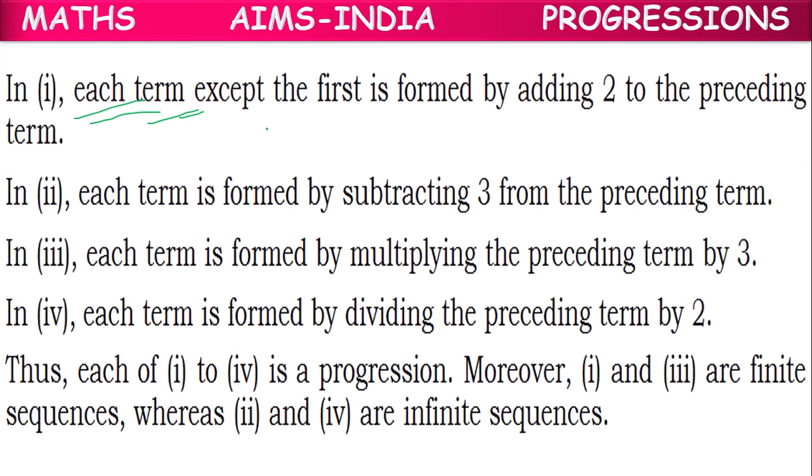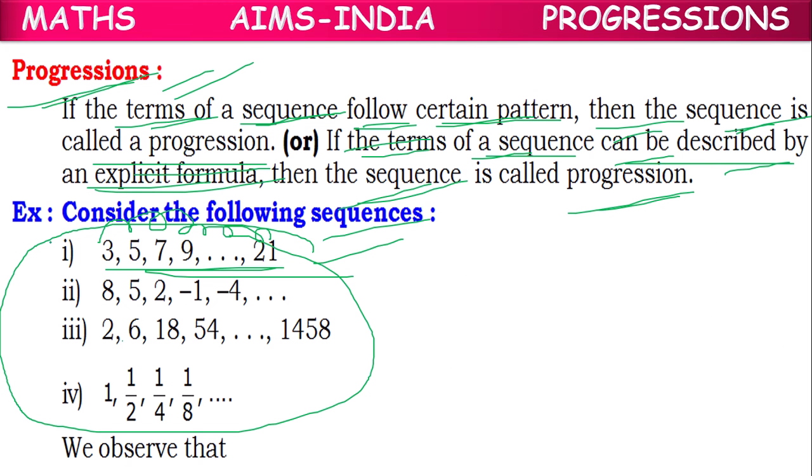Each term except the first is formed by adding 2 to the preceding term. 3 plus 2, 5, 5 plus 2, 7, 7 plus 2, 9, and so on, up to 21. So this sequence is having a definite formula, so it is considered as a progression.